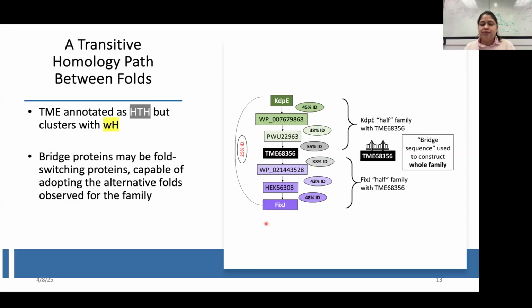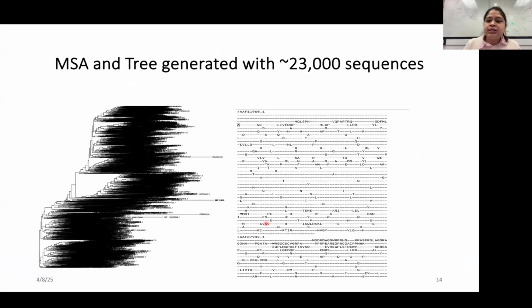So using these, we may be able to bridge the gap and put the two subfamilies together. And bridge sequences have often been found adopting different conformations. They are also fold switching sometimes. So they are interesting to have and to annotate in the family. So using that, we built an MSA.